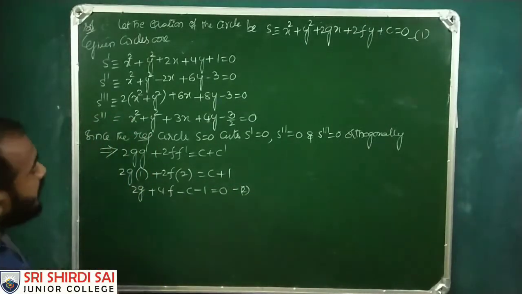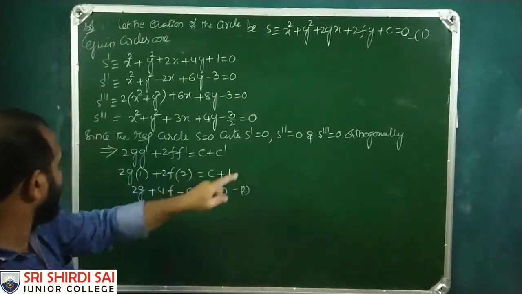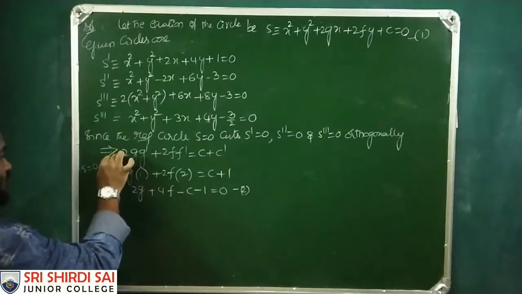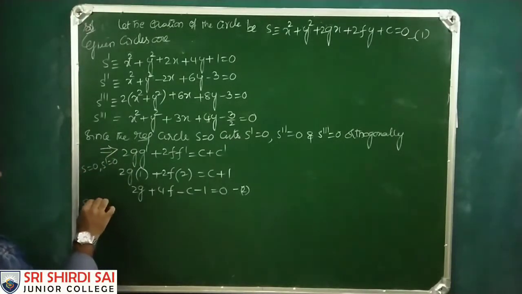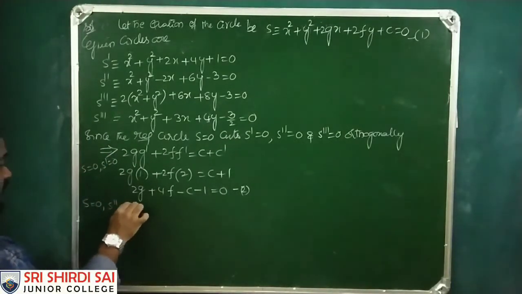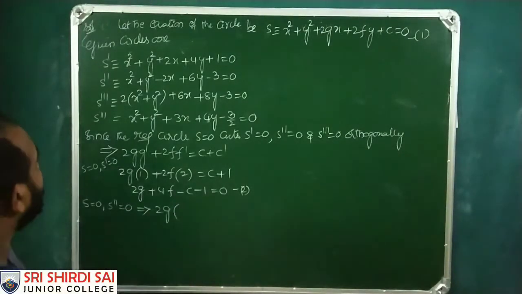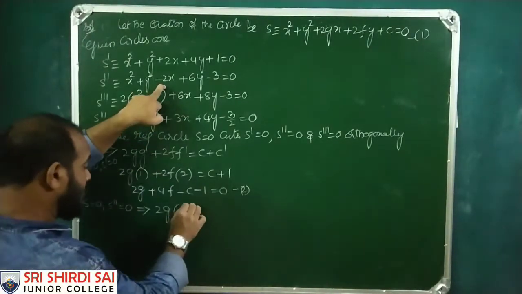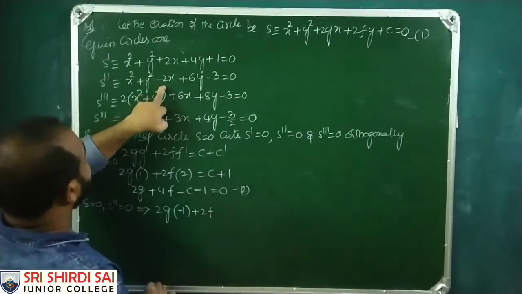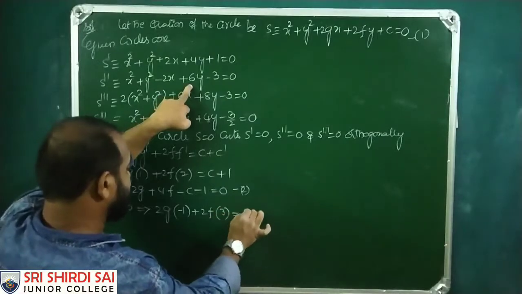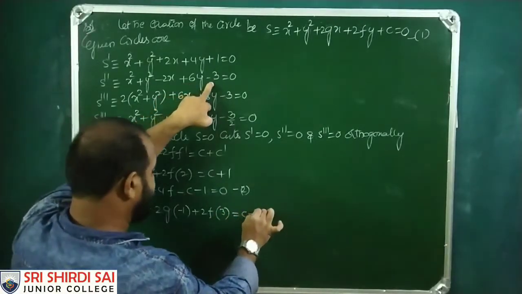So s dash equals 0. This is for s equals 0, s dash equals 0. Now s equals 0, s double dash equals 0 implies 2g(g dash minus 1), 2f(f dash minus 3), c plus c dash, c minus 3.